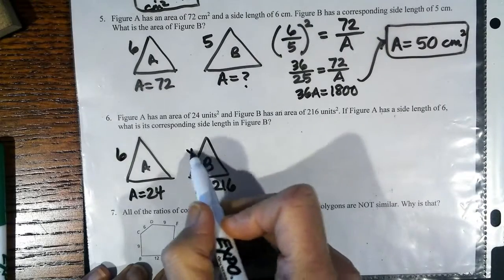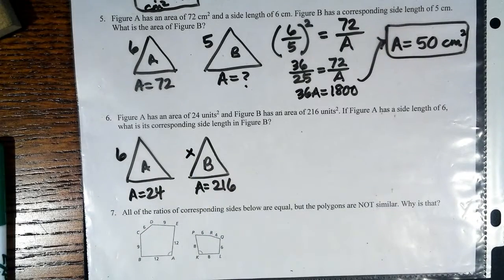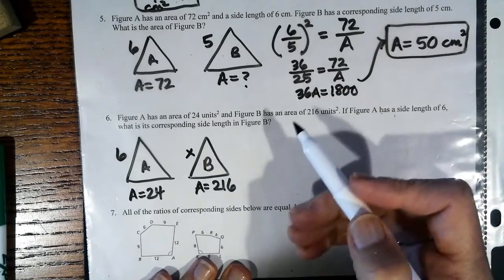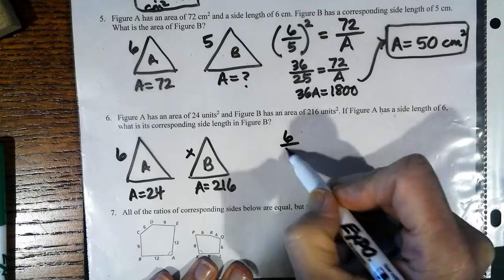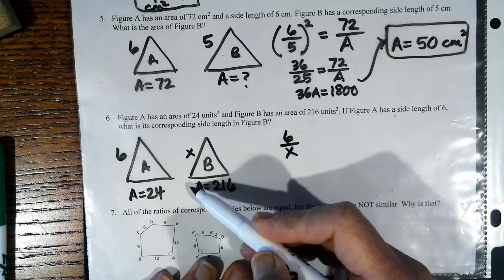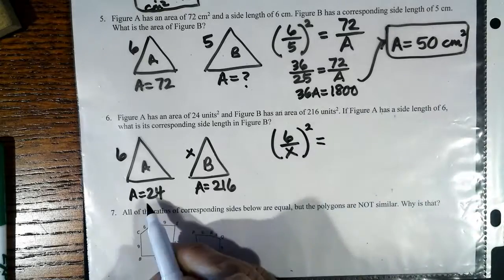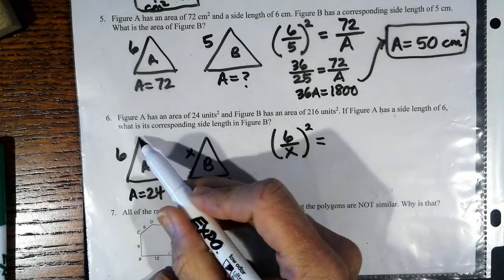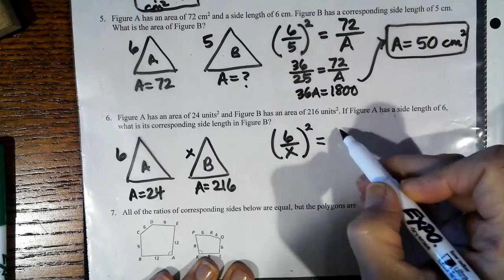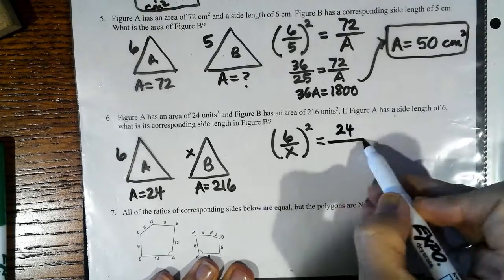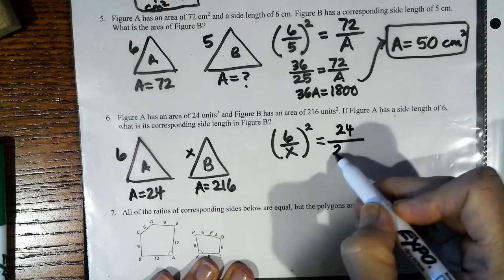So I'm going to call this X. It's only slightly different because, again, you're using areas, so you have to square them. So let's do 6 over X, scale factor squared equals 24 over 216. The 6 goes on top, then the 24 has to go on top. X goes on the bottom, then 216.